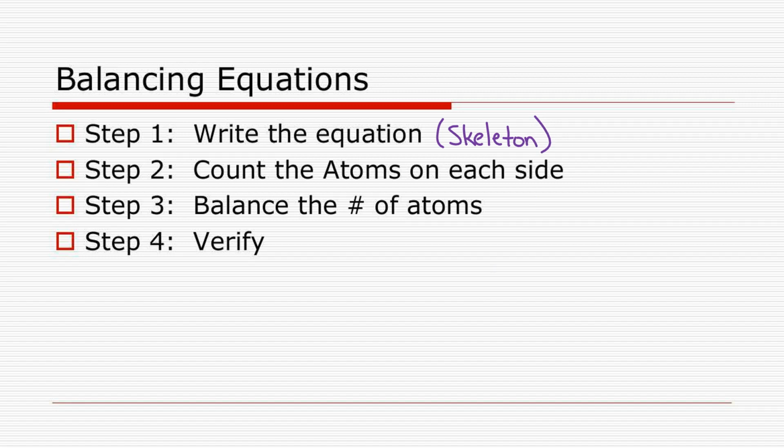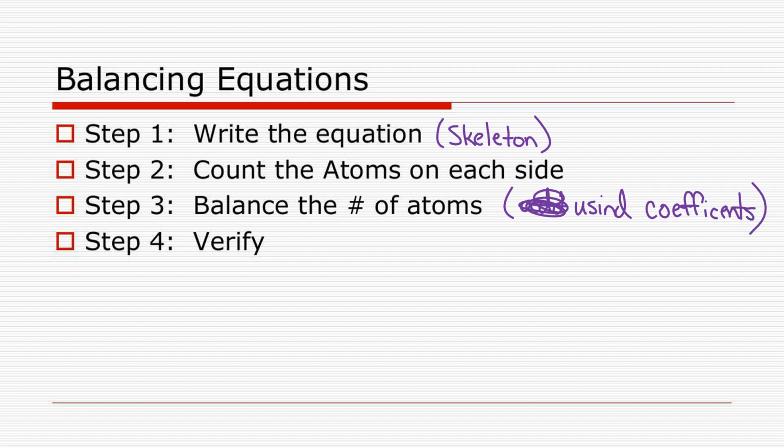We're going to count the atoms on each side. We're going to determine how many carbons, how many hydrogens, how many oxygens. And then we're going to balance the number of atoms and we're going to verify. The way that we're going to balance the number of atoms is by using coefficients.